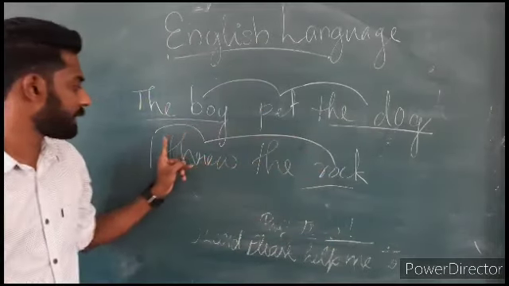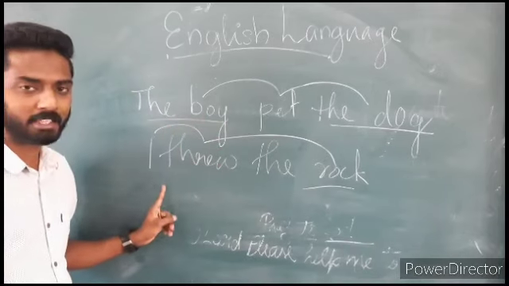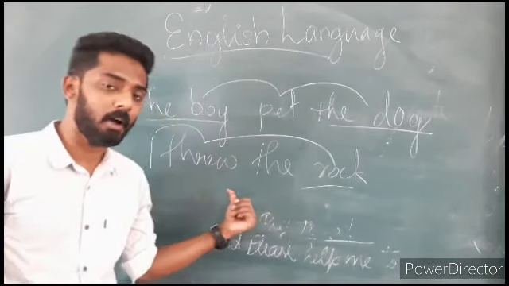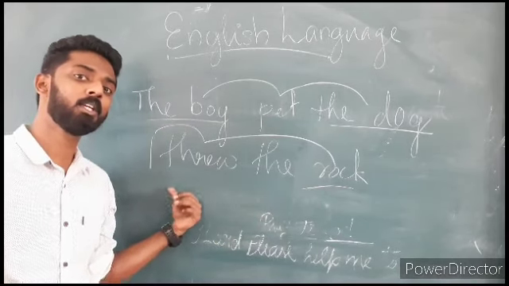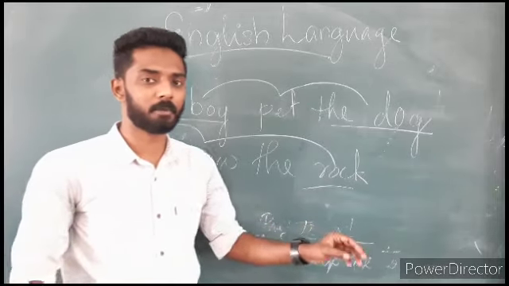In the second example also, I threw the rock. I is the subject, and there is an action which passes over from the subject I to the rock. I hope you got it.